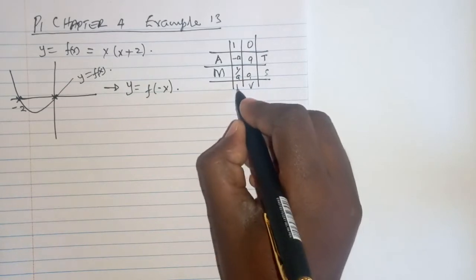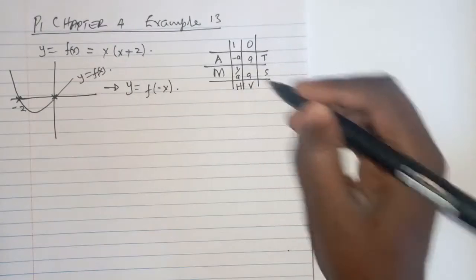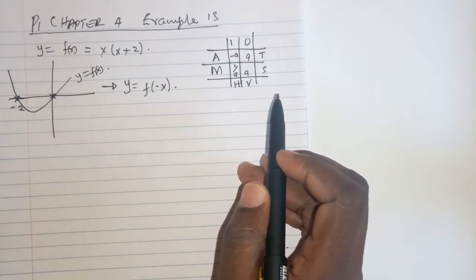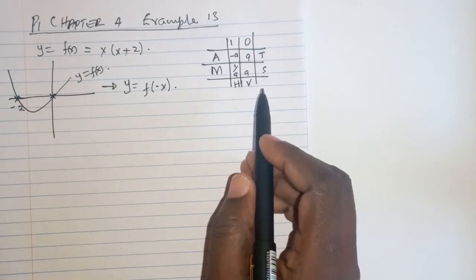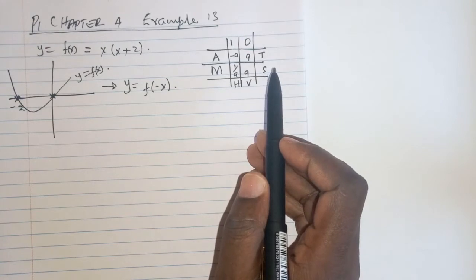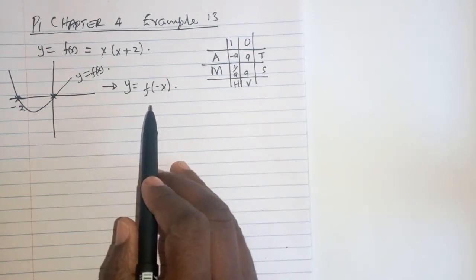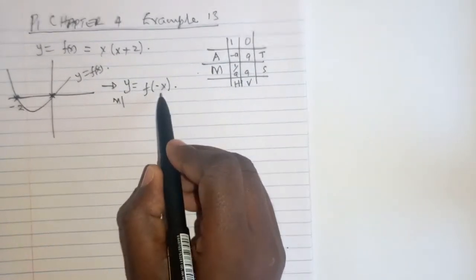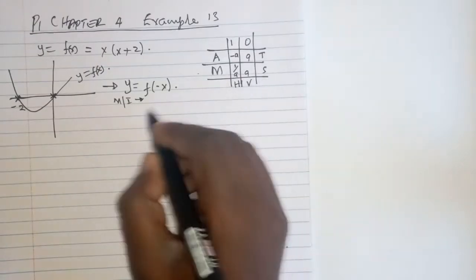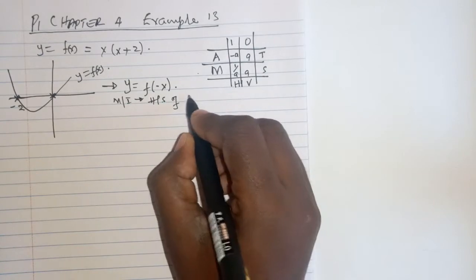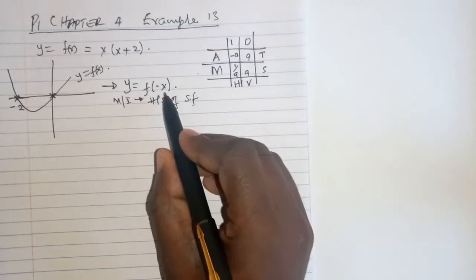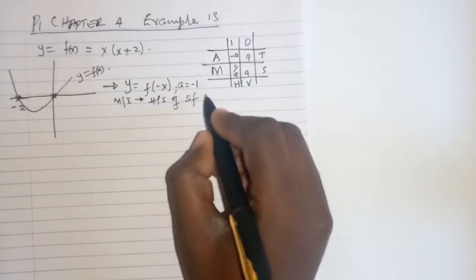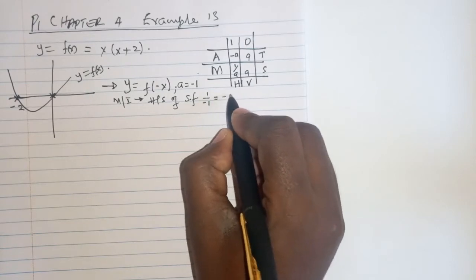At the end of the day, you realize that this is multiplication inside, which means horizontal stretch of scale factor 1 over a. Remember, our a is negative 1 there.